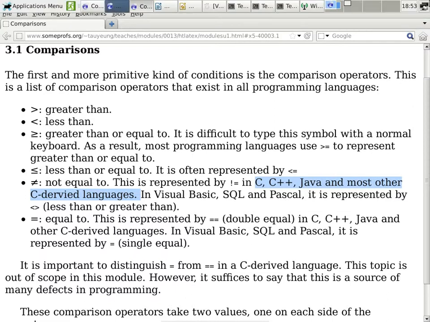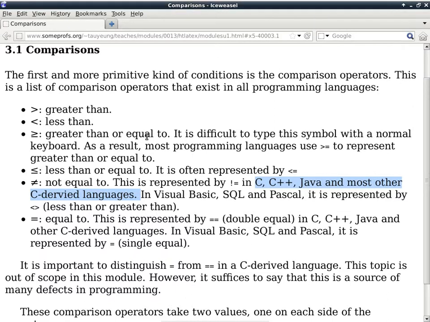In the other family of languages, basically all the non-C languages, which include Visual Basic, SQL, Pascal, and so on, it is represented by less than or greater than. Because if you think about it, if x is less than or greater than y, it really is the same thing as x is different from y, which is also the same as x is not equal to y.